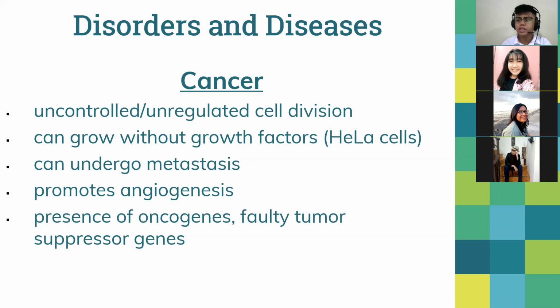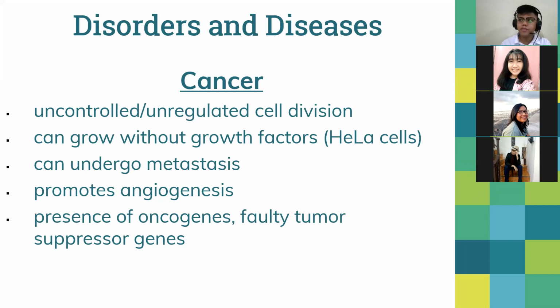Okay, so there are also safe ways to diagnose cancer, with or without the use of biopsies. Iba-ibang method. Okay? So for cancer cells, also unique about them is that they promote angiogenesis. What's angiogenesis? Angiogenesis is basically the formation of blood vessels. So sir, bakit kaya niyang mag-promote ng pag-produce ng blood vessels?